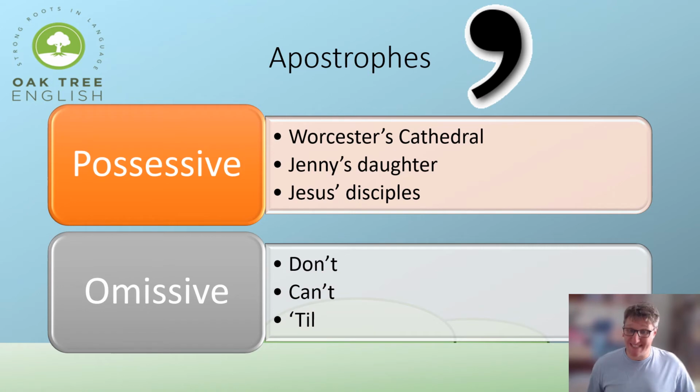The omissive use of the apostrophe, that's where you're missing out a letter, and we do this all the time. Don't is actually do not. Can't is actually cannot. 'Til is actually until. Notice that one L. You see how it all fits together, guys.